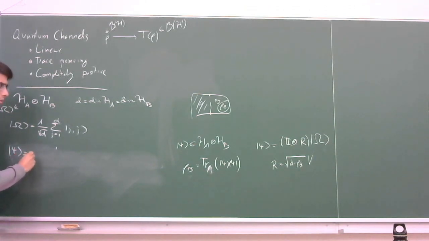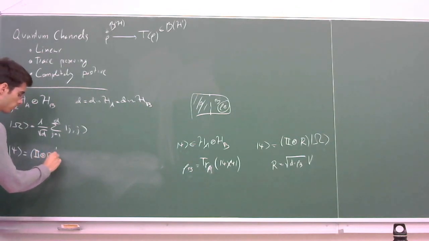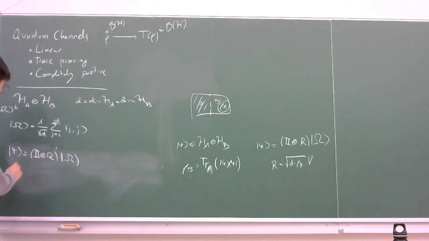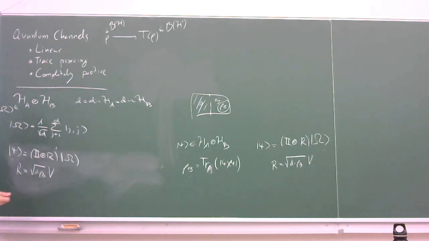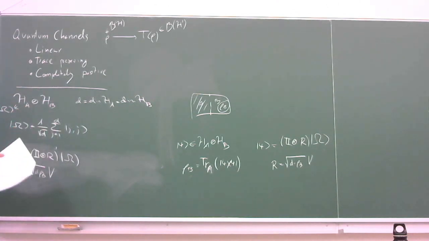But maybe you can show that if you trace out the B from the C, you obtain rho B. I'd rather keep on moving, or if you want, I can stop here and explain the two properties of the maximal entangled state that prove this result, but I don't think it's worth it.